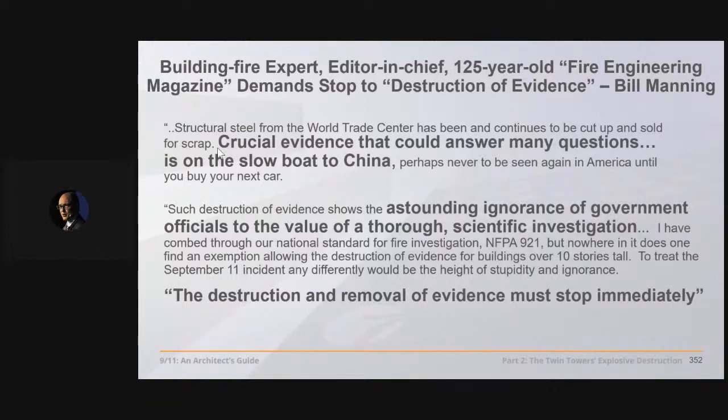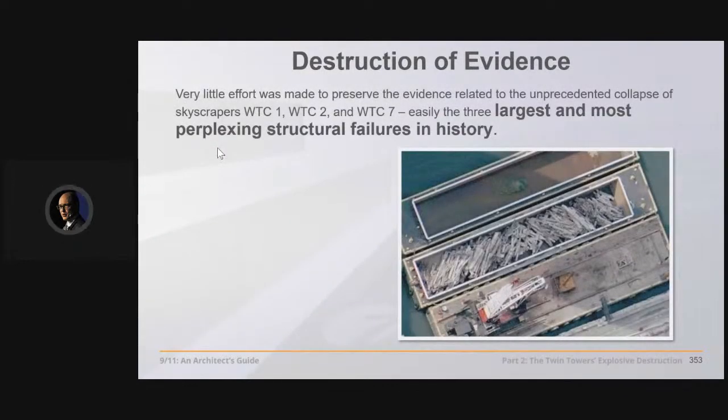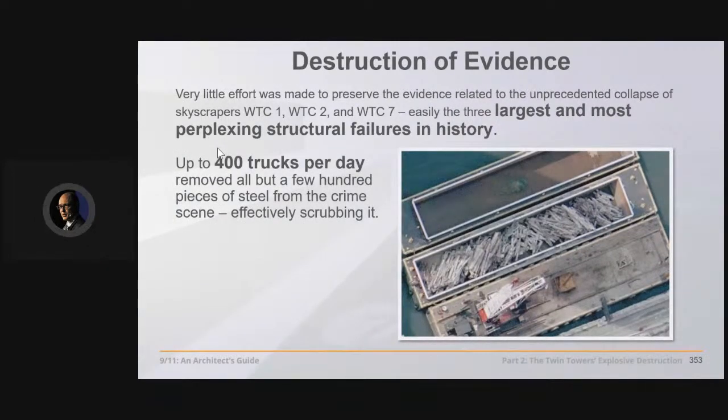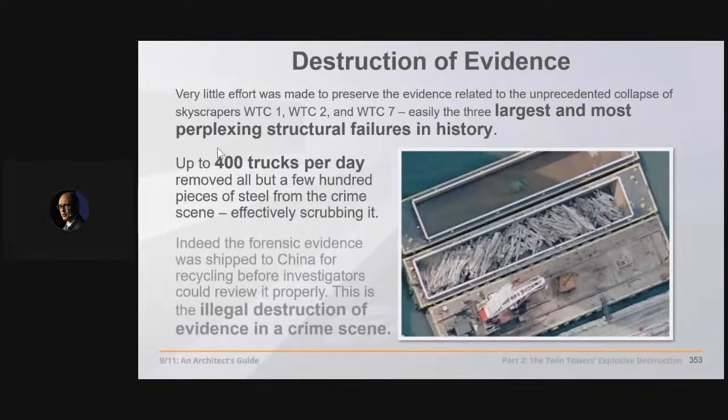But it wasn't. What were they trying to cover up? Easily the largest and most perplexing structural failures. We have 400 truckloads a day starting just 2 weeks after 9/11. Putting them on these barges. This is the illegal destruction of evidence in a crime scene.